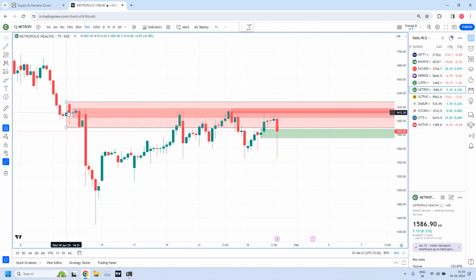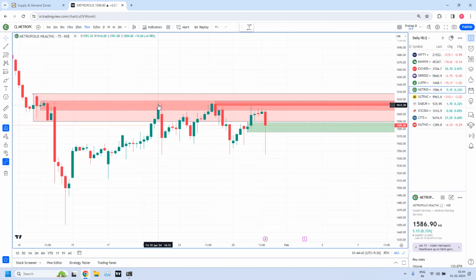In the 75 minutes we identified a drop based drop, again a drop based drop, and previously prices entered multiple times into this 75. This 75-minute zone is again acting as a high liquidity zone.